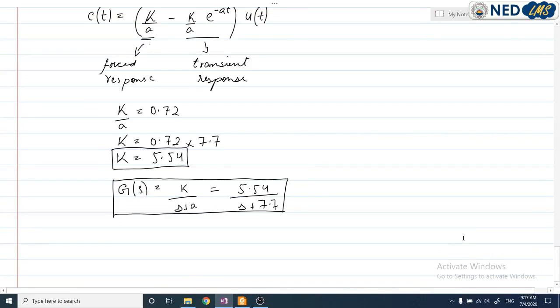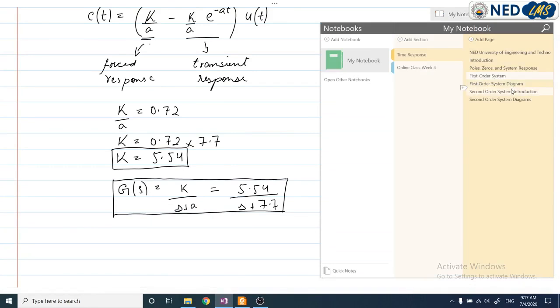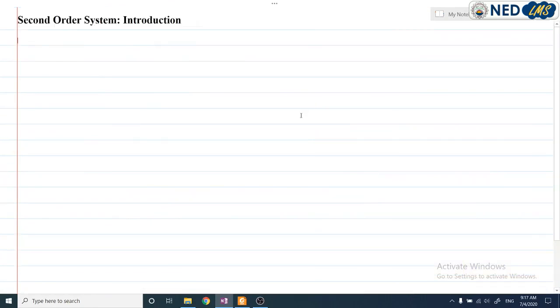With this example, our first order system topic is completed, and now onwards we will discuss the second order systems. The second order system has two poles in the denominator. It means that there is a quadratic equation in the denominator of the transfer function of second order systems.